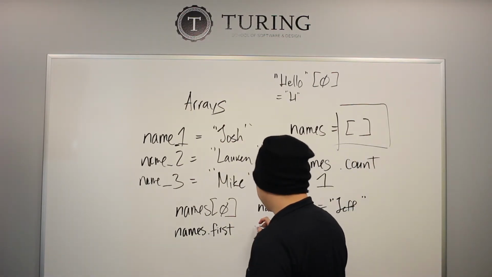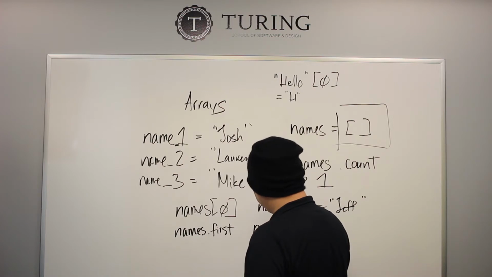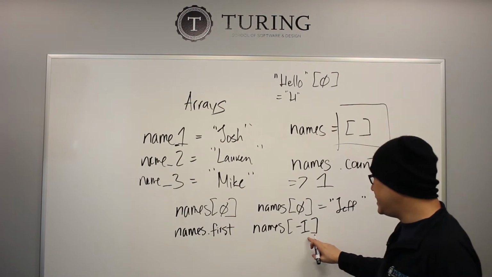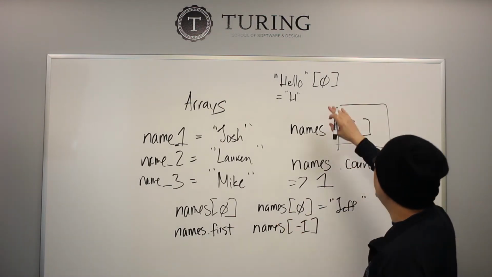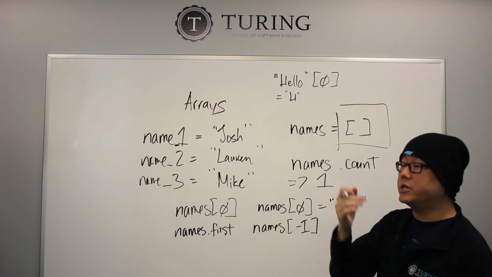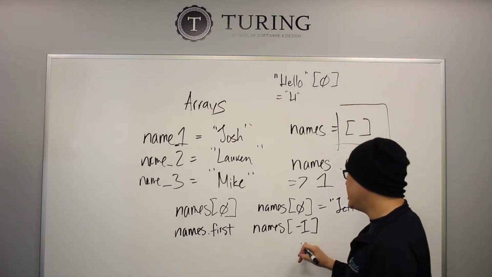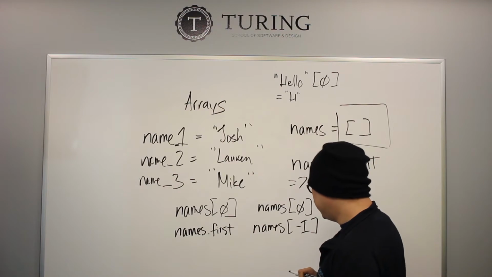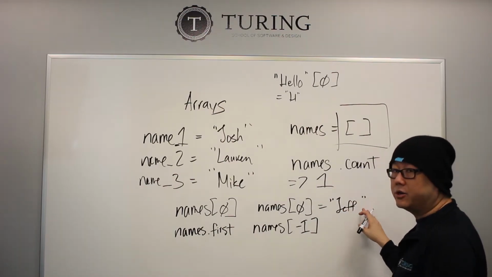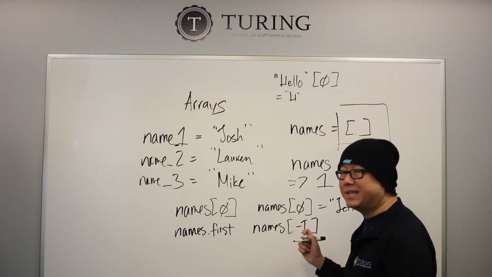Also, we can get names out by using the -1. We've seen here that -1 will give us the last one. So if this was "hello", -1 will give us lowercase o. Whereas names[-1] here will give us the last item. And here's the thing, because there's only one item in here right now, Jeff, first and last are the same thing.